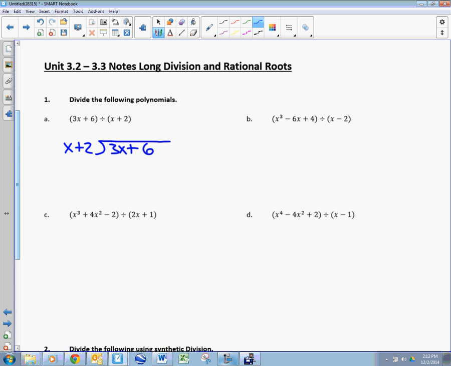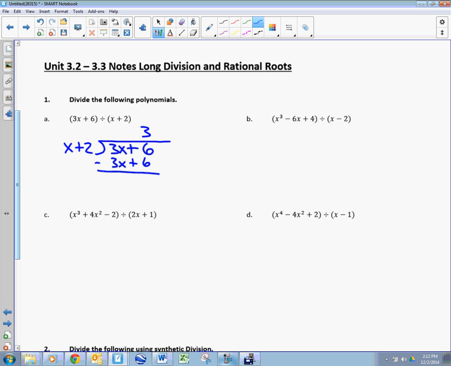It's a constant term like 6 is, so it goes above the 6. 3 times x is 3x, and 3 times 2 is 6. We subtract. What's 3x minus 3x? 0. What's 6 minus 6?